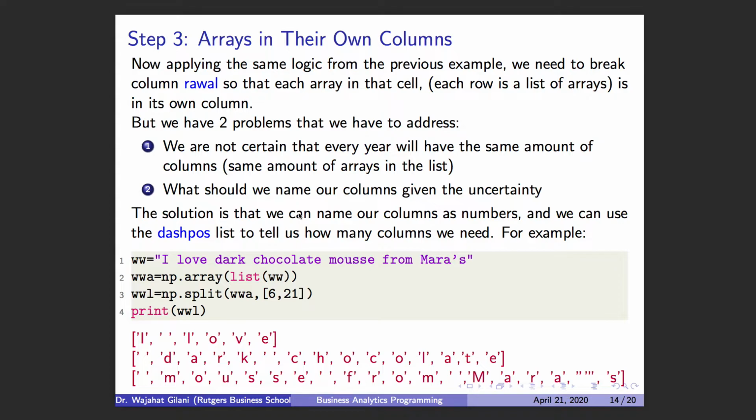We're not certain that every year will have the same number of columns, or how many columns there's going to be, or what names our columns are given. There's uncertainty. We addressed both of these concerns in the example I just did. It'll be done automatically for us, and we don't need to give it a column name. It'll give the number for us, especially if we create it into a separate table.